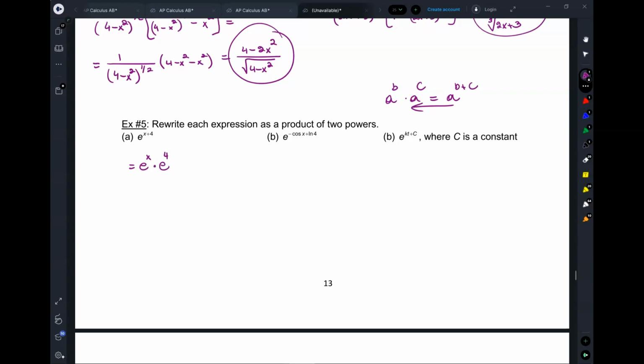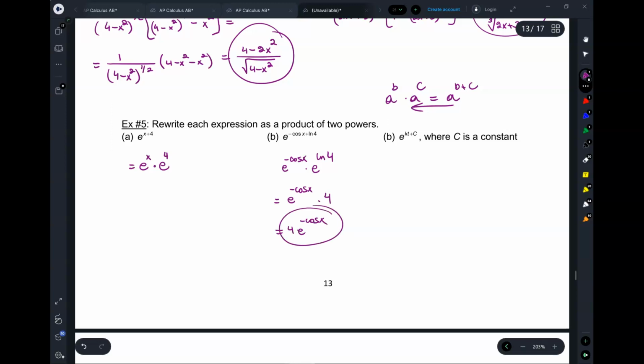So how would we write this next one? E to the negative cosine x times e to the ln of 4. Now, this is going to be e to the negative cosine x times 4. So that is 4e to the negative cosine x. Okay?